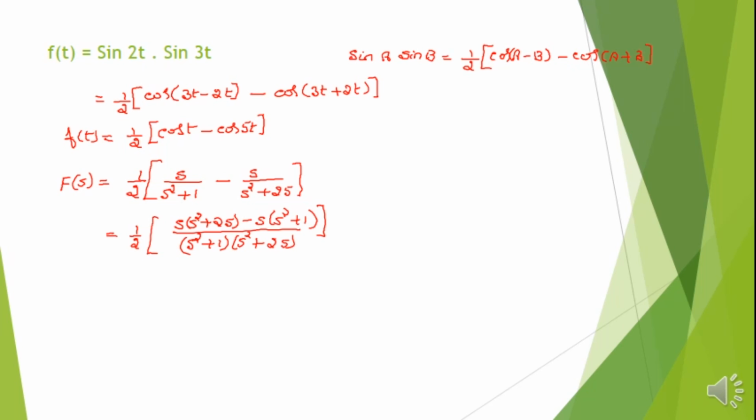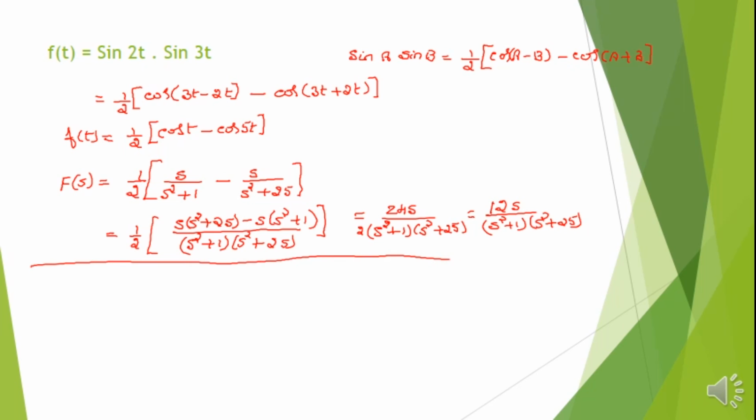So s cube minus s cube cancels, and 25s minus s is 24s, by 2 into s square plus 1 into s square plus 25, which means 12s divided by s square plus 1 into s square plus 25. So this is the Laplace transform of sin 2t into sin 3t.